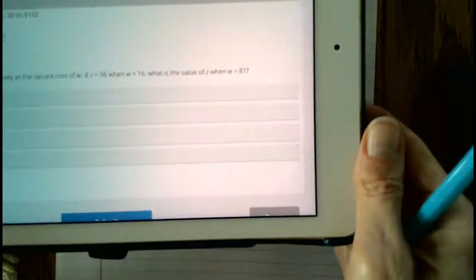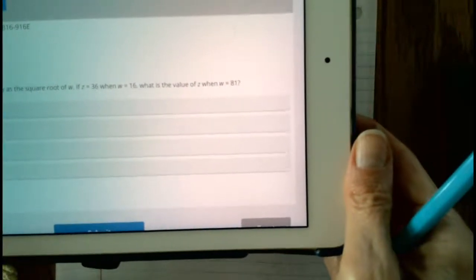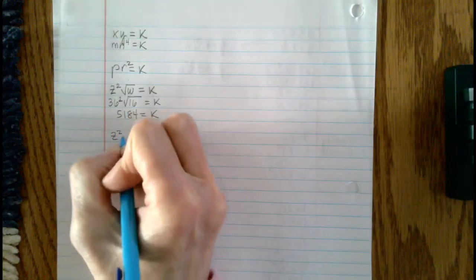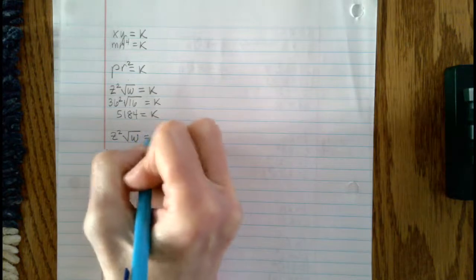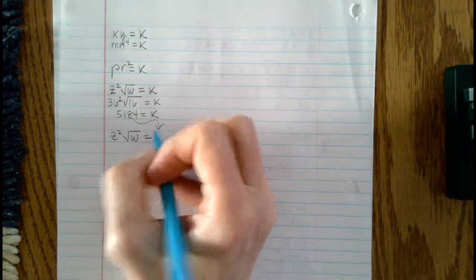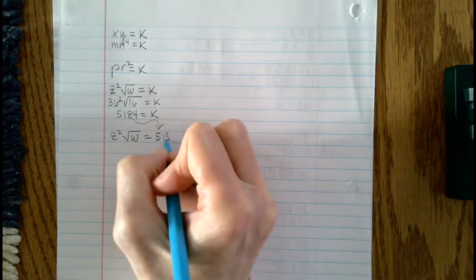And now that we know that, it says, what is the value of z when w equals 81? So we're going back into this formula of z squared times the square root of w, but we can put in our value of k. That's going to be the 5,184.